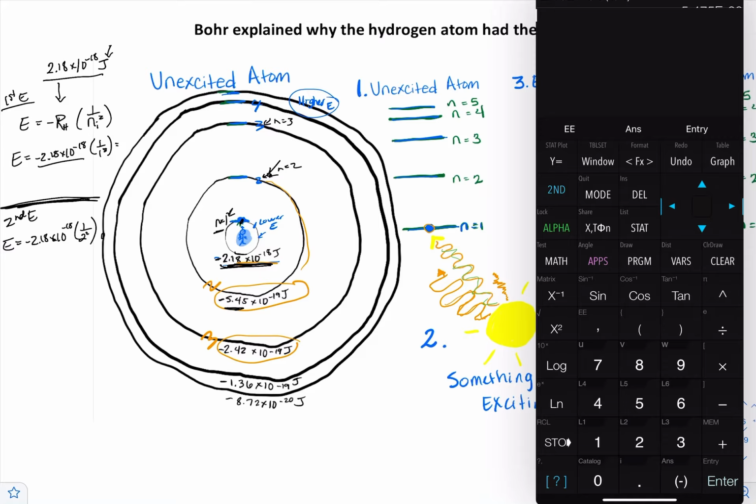So negative 2.18 times 10 raised to the negative 18th, times 1 divided by 2 squared, or you could also just say 4. I'm just going to put 4 there, because that's what 2 squared is. And that gives us 5.45 times 10 to the minus 19th. Look, that is the energy we have listed for the second energy level.